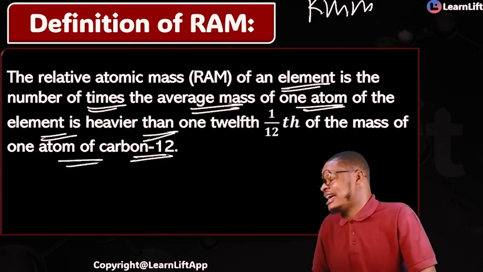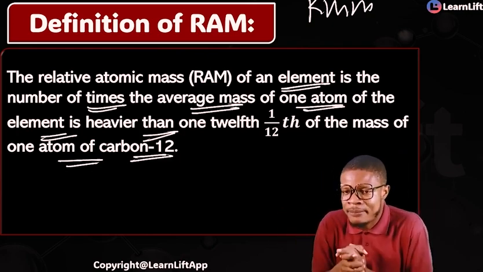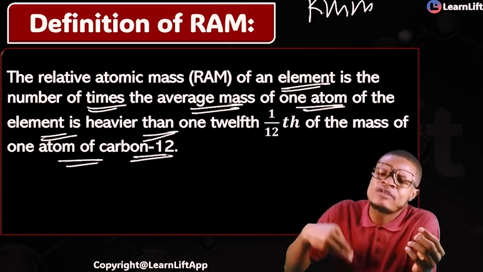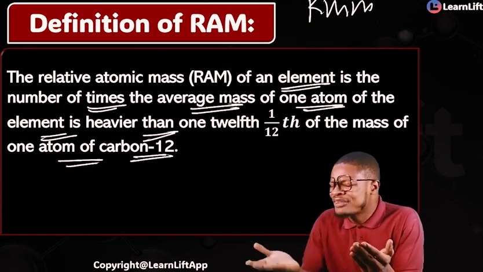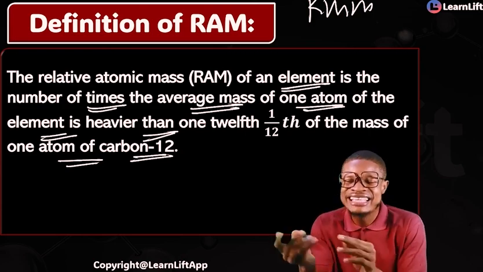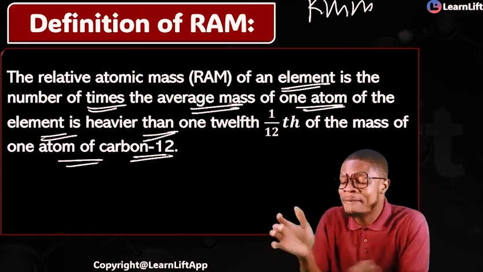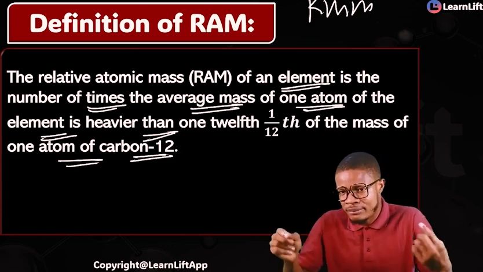For the last time, what is relative atomic mass? Relative atomic mass, RAM, of an element is the number of times the average mass of one atom of an element is heavier than 1/12 of the mass of one atom of carbon-12.